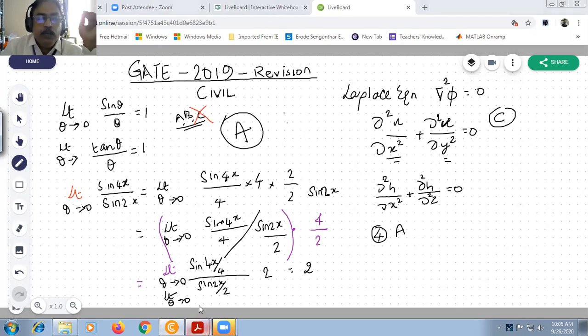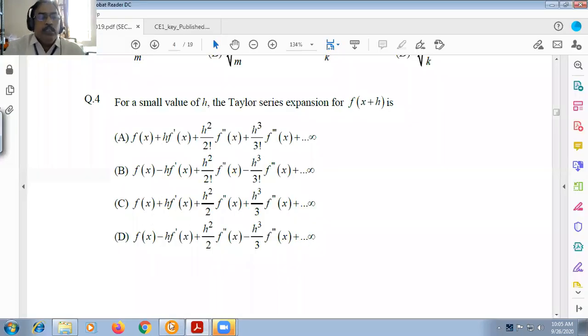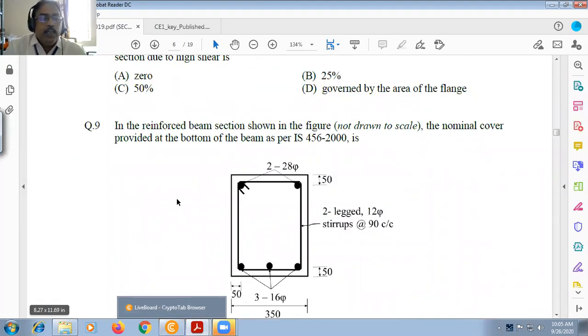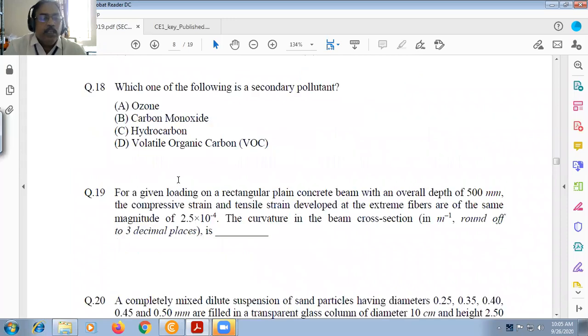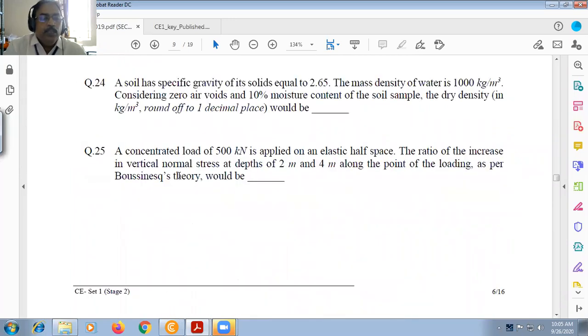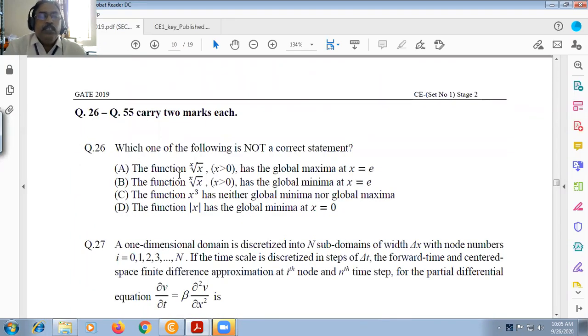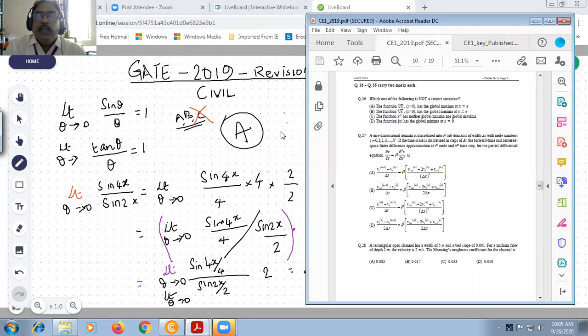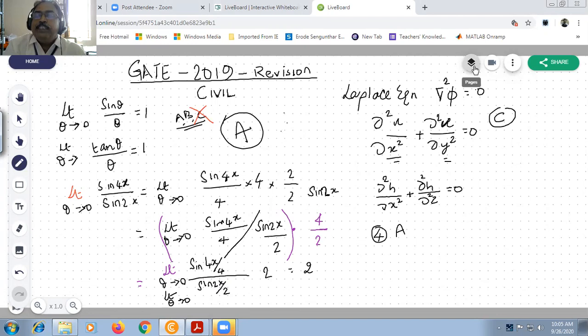Okay. So coming back to the questions, we have some civil related questions. We are concerned only with the mathematical point of view in answering the GATE questions. Which of the following is not a correct statement? So what is a correct statement?